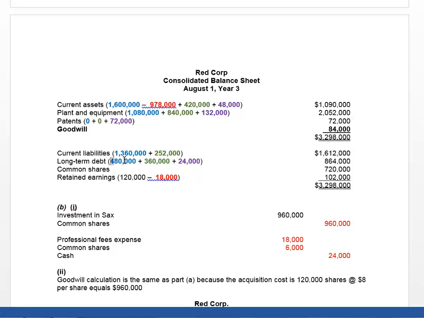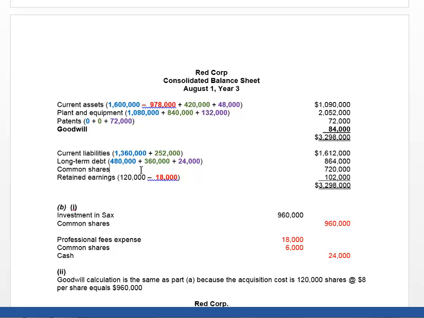With the long-term debt, don't forget under the acquisition method, to prepare the consolidated balance sheet, we take the long-term debt at carrying value for Red, add it to the fair value of Saks, which we've split up into two pieces, 360, which is the carrying value, plus the increment, because these increments get amortized later. And that gives us 864.